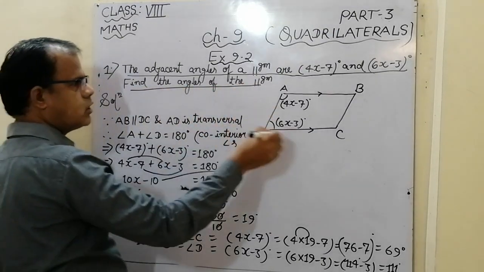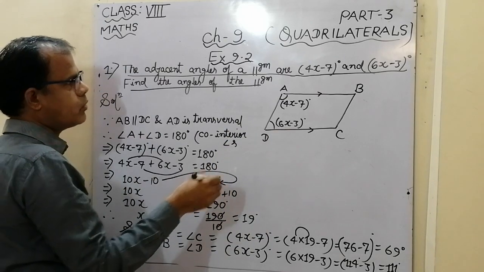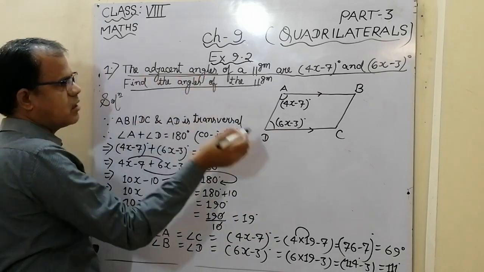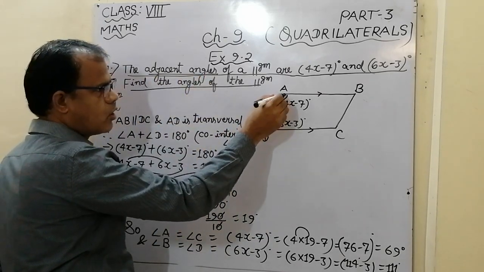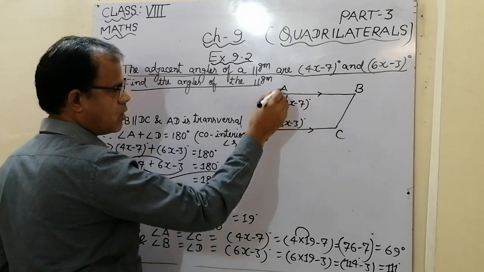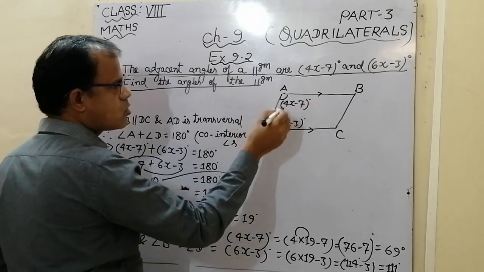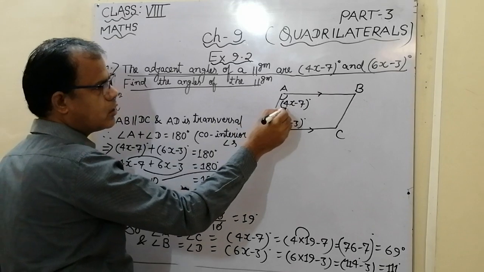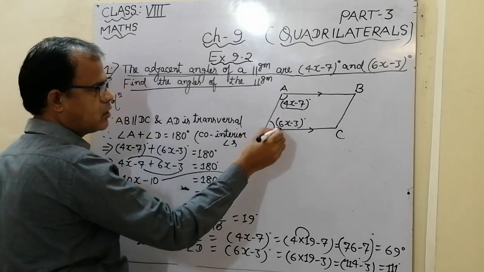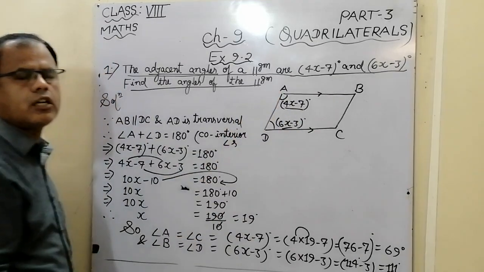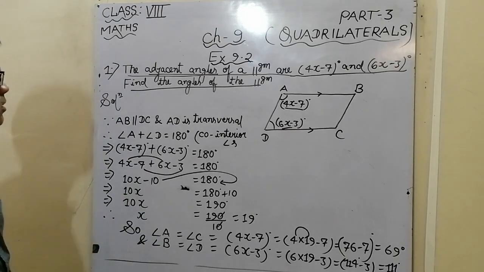So we draw here ABCD, a parallelogram, in which adjacent angles means A and B, or A and D, like that. So we take here angle A and angle D, and these are known as adjacent angles.